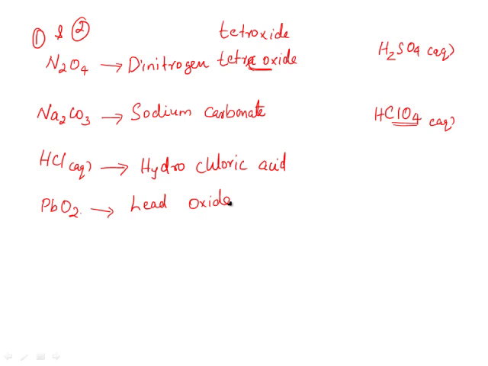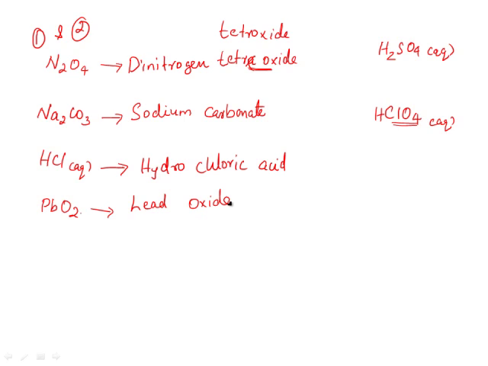Remember, if your metal ion is from the transition metal series, you need to indicate the charge in Roman numerals in parentheses after the name, because lead can have varying charges. Transition metals can have varying charges, right?